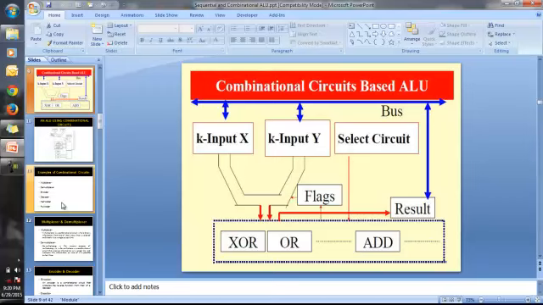So when it is enabled, the appropriate operator will be taken. That will be given by the select circuit. Finally, after taking the operator, it will perform the operation and give the output as the result. Again, that is connected to the bus. It can lead to storage of the result.